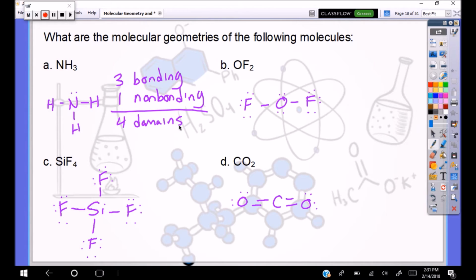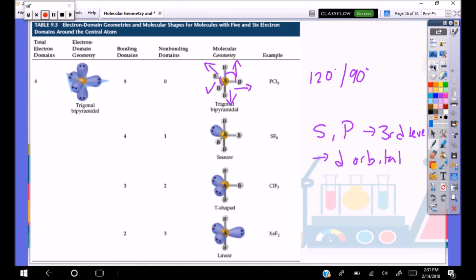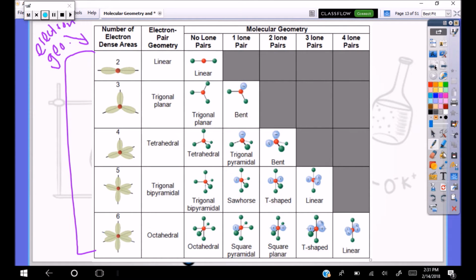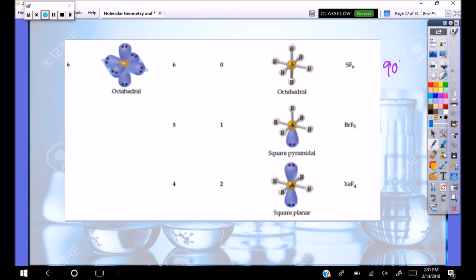So I know I need to look at the 4th electron domain, and then I need to find the shape with 1 lone pair. This is going to be trigonal pyramidal. Okay.